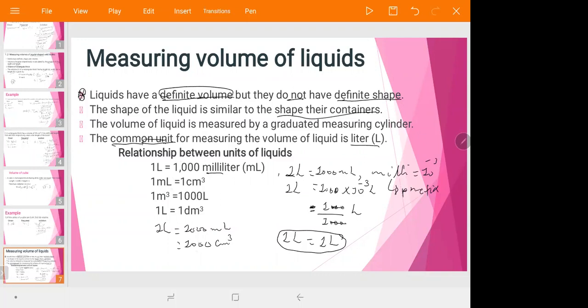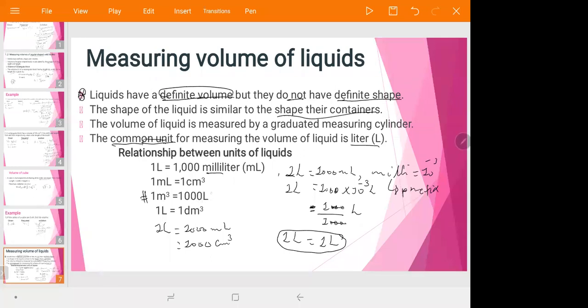Also, 1 liter is equal to 1000 centimeter cube. The other one is 1 meter cube is equal to how many liter? Look at this point. I tell you, 1 meter cube is equal to 1000 liter.